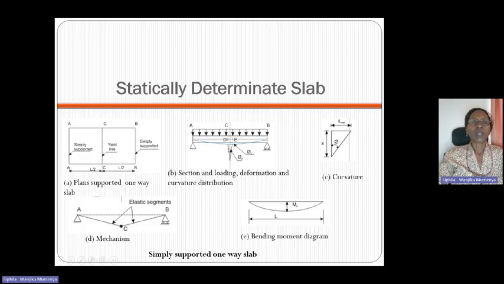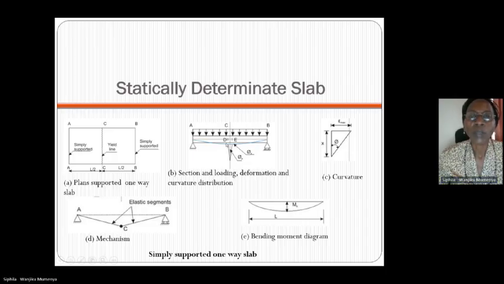So if you look, for example, at this arrangement of a slab, then the yield line will be at the point of the maximum bending moment as shown. And if you look at the section and loading, deformation and curvature distribution, there is a section between D and E where the curvature values are shown.